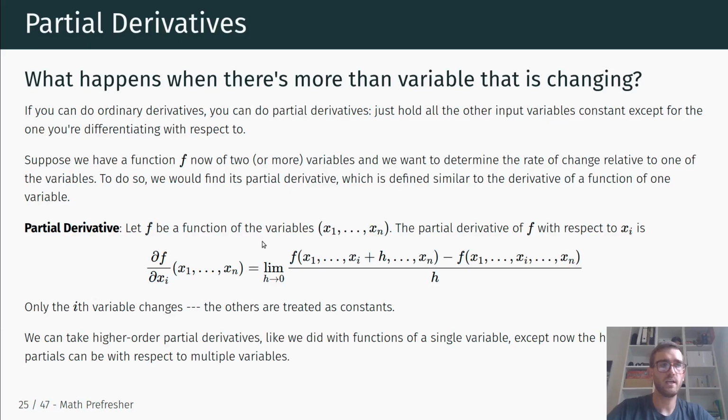We can also take higher order derivatives, like we did with the functions of a single variable, except for the fact that these higher order partial derivatives can be with respect to multiple variables.